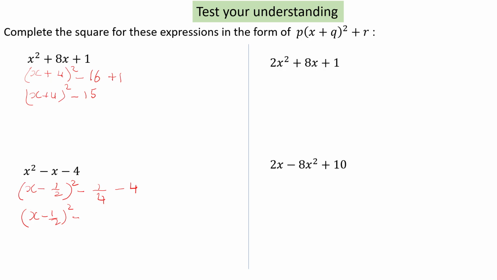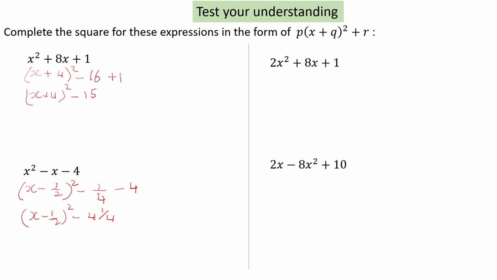Then simplify this one: negative 4 and a quarter. So here p is 1, q is negative half, r is negative 4 and a quarter.